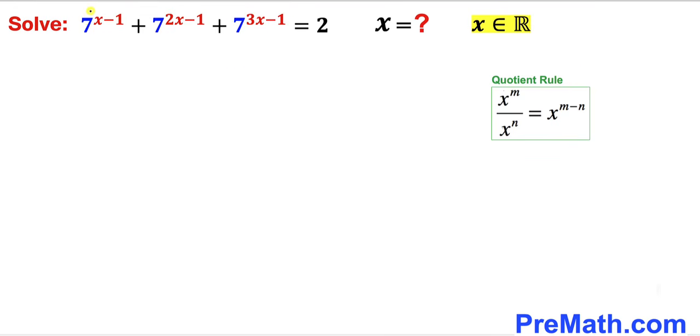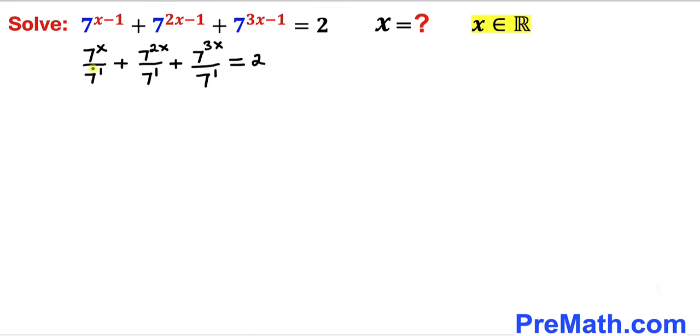So therefore this first term could be written as 7^x divided by 7^1, plus for this second term, that is going to be 7^(2x) divided by 7^1, and plus finally this term, we can write that one as 7^(3x) divided by 7^1, equals 2 on the right hand side.